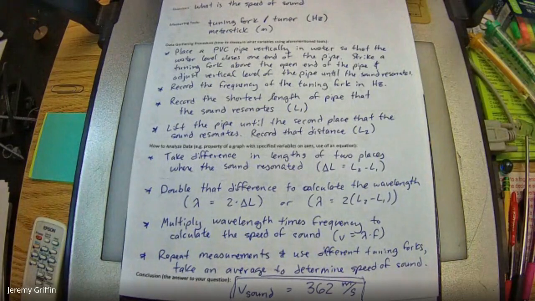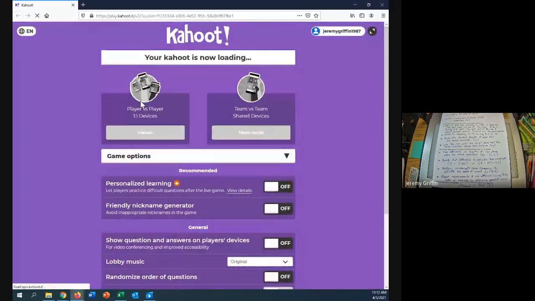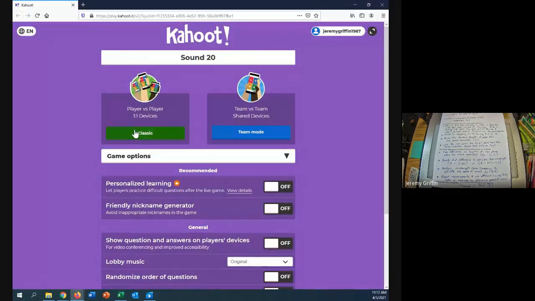I'm going to present my screen, do share. All right, let's do a Kahoot on sound. Okay, play, teach. And then after this, we'll look at a few Doppler problems.